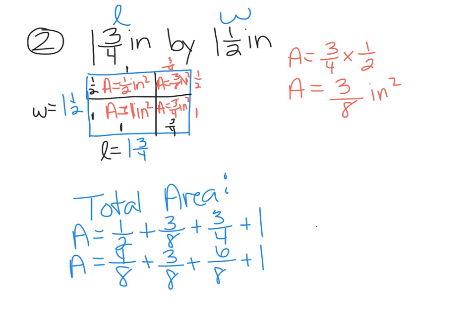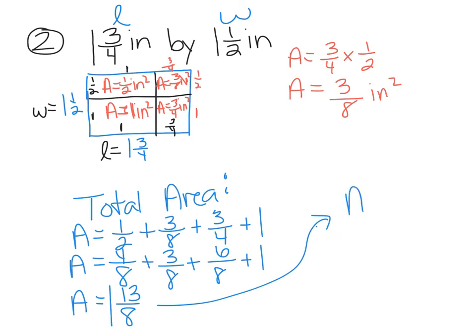All right, so now A is equal to, all right, I know I'm going to have 8ths. I know I'm going to have a 1 whole in the front because I already can add that one. So now let's add our numerators. 4 plus 3 plus 6, because the denominator stays the same when we add. 4 plus 3 is 7. 7 plus 6 is 13. Well, I need to figure out how many times 8 will fit into 13.